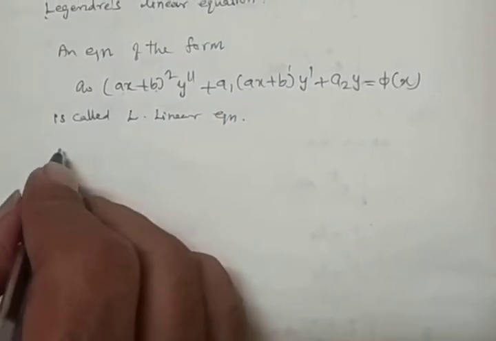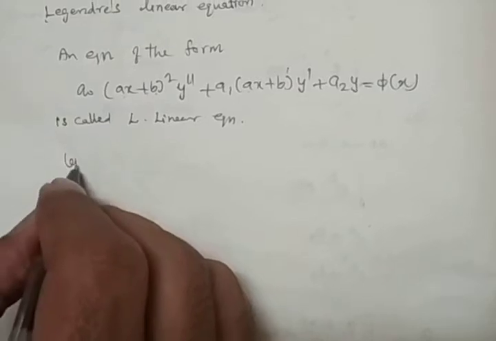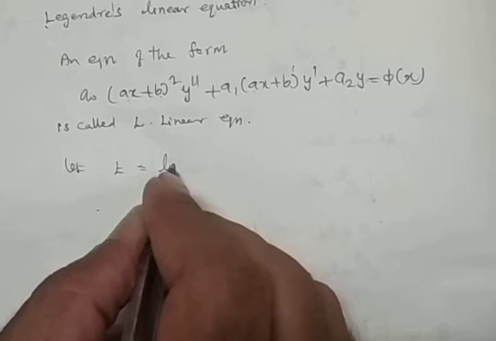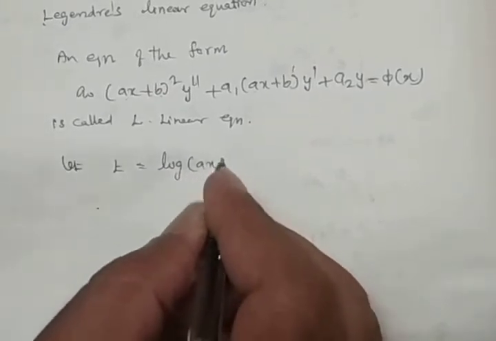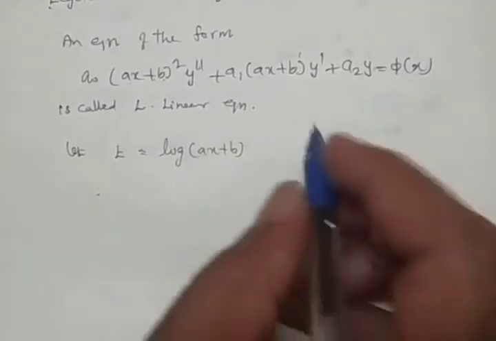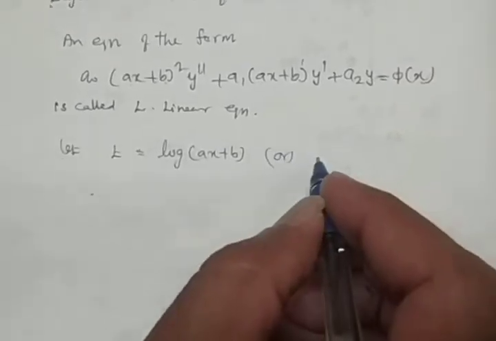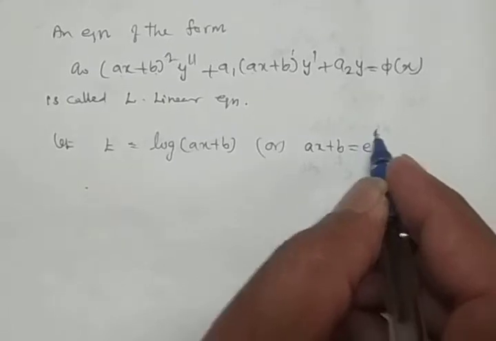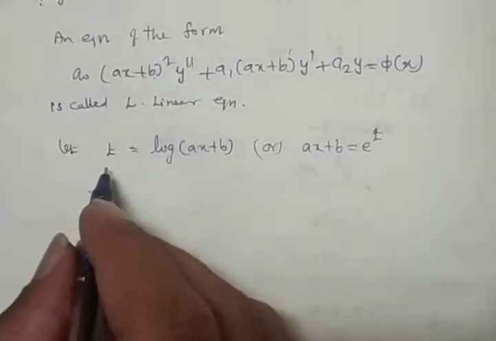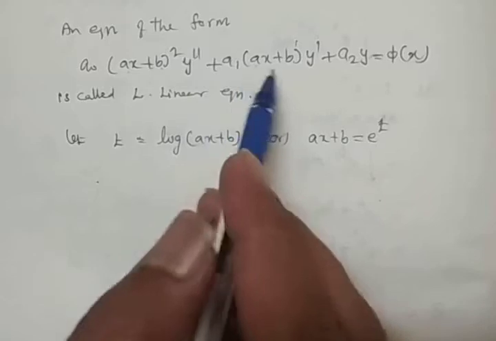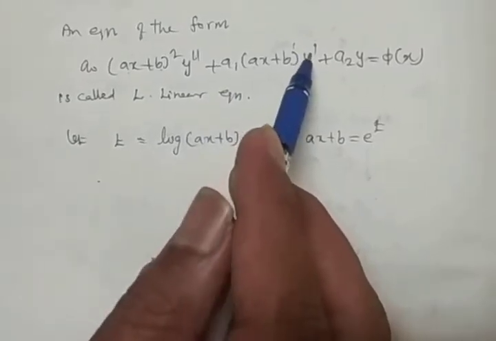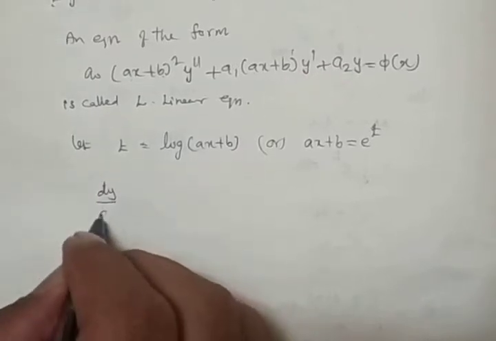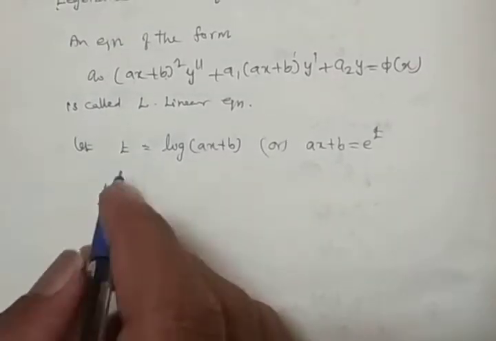To do that, we must consider t = log(ax + b), or this one we can write as ax + b = e^t. Now we differentiate this one. Here y' is nothing but dy by dx, but we have written t here.